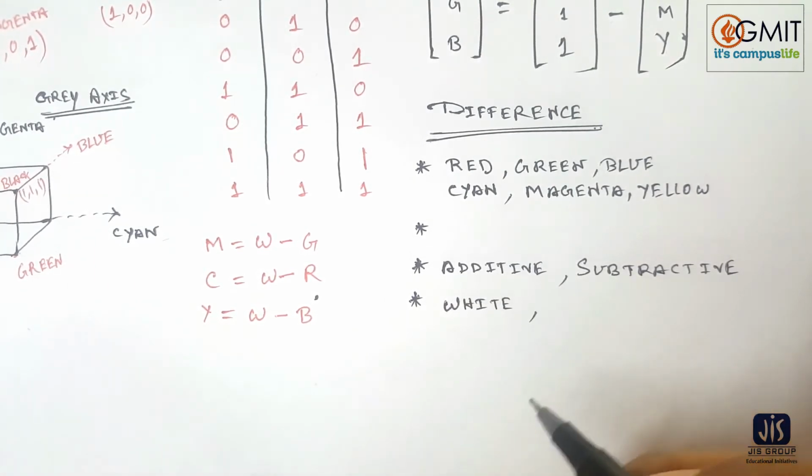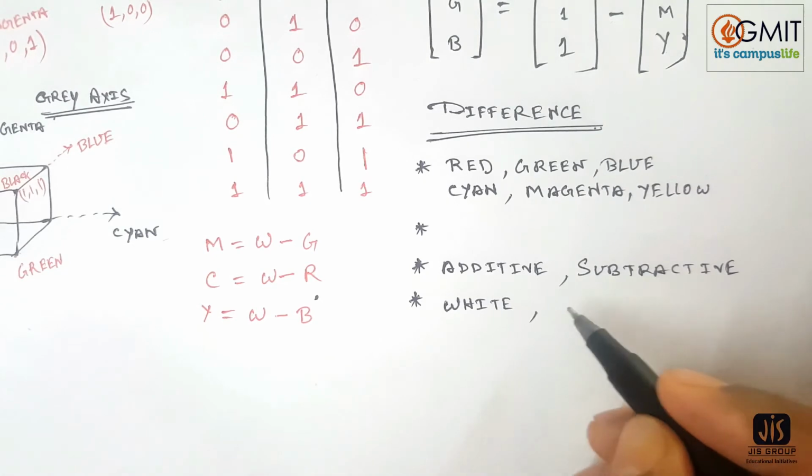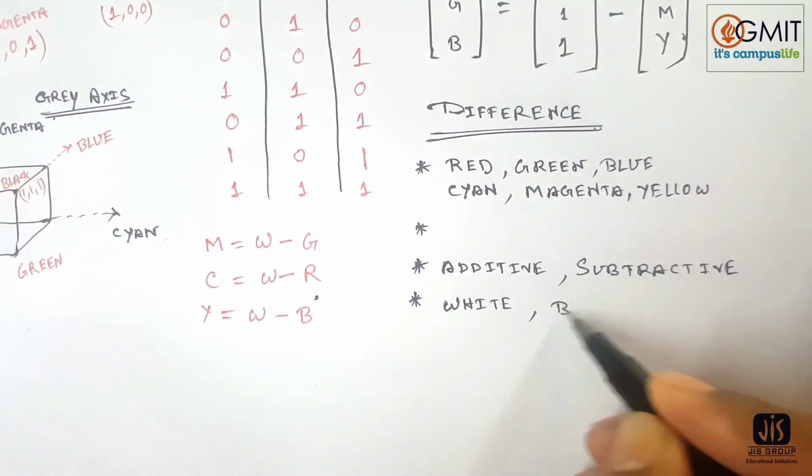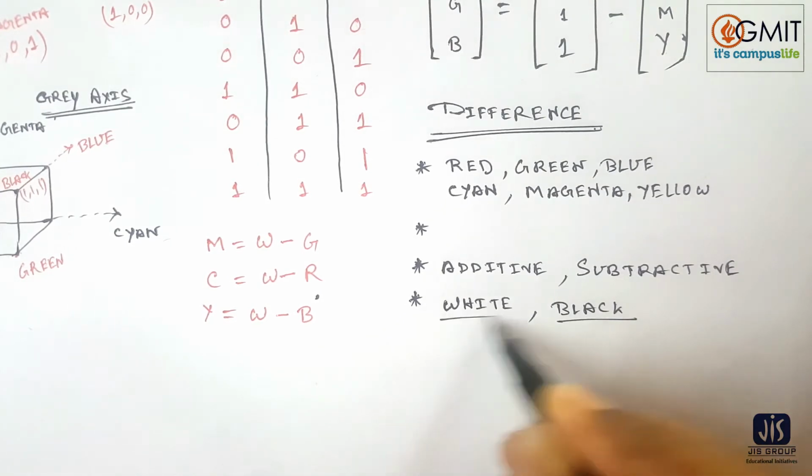Yes or no? But cyan, magenta and yellow combined is black, the absence of brightness. So from cyan, magenta, yellow we get black, but from red, green, blue we get white.